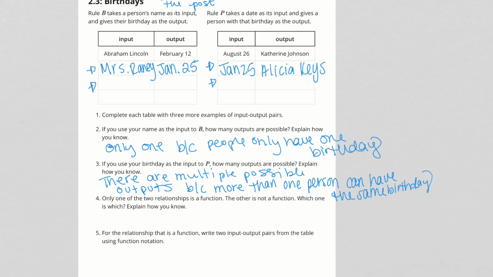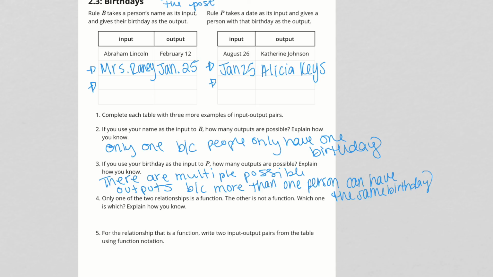So, is the rule B or the rule P going to be a function? Which one only has one possible output, B or P? B. Why B? Because we only have one birthday.